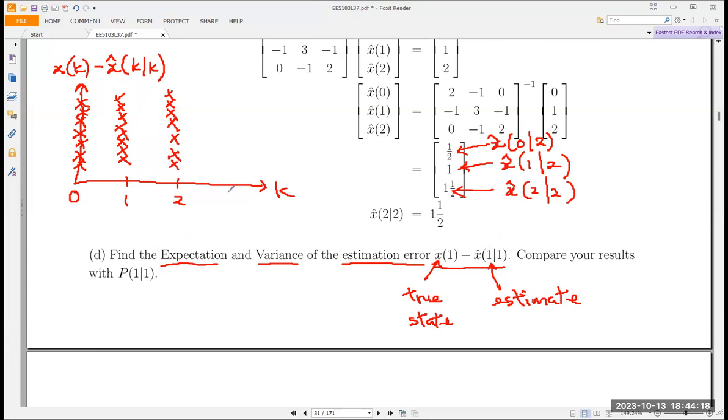Oh, I didn't do it properly. Because sometimes what you estimate would be less than this, sometimes would be more than this. So this could be positive and negative. So I should put some crosses here.